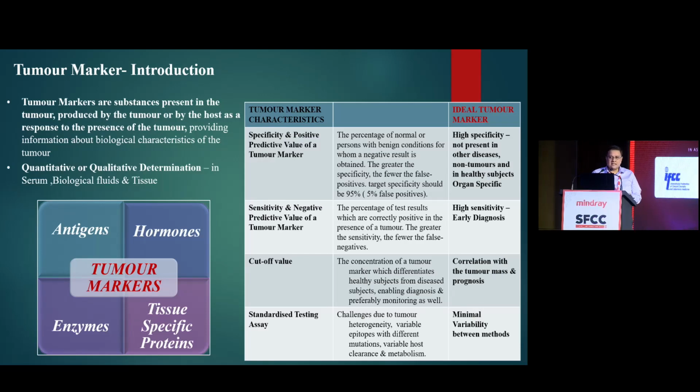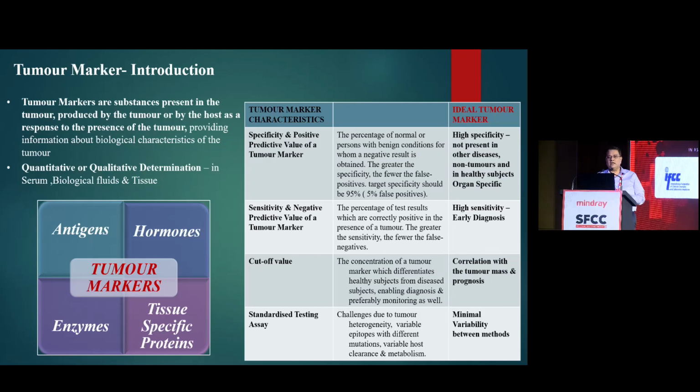It should be highly sensitive, so that means it should be at least 90% sensitive. It should have a very well-established clinical decision-making cutoff, which a clinician can use to differentiate between a normal or healthy person versus an abnormal one, that is, a cancer patient. And the same marker he would also like to use later on for follow-up or monitoring.